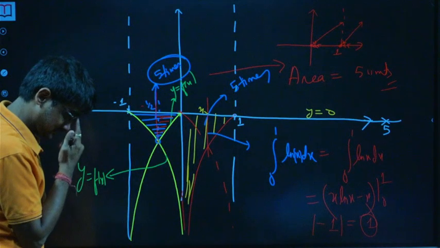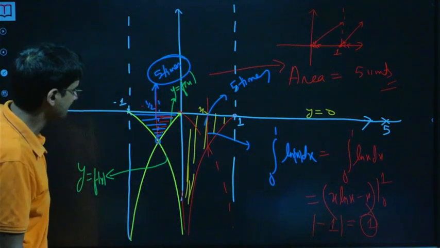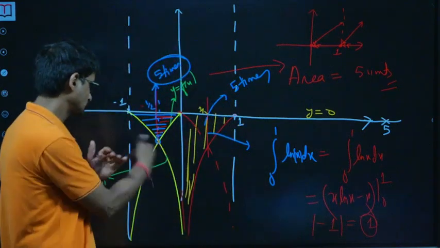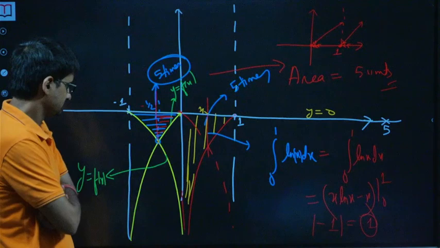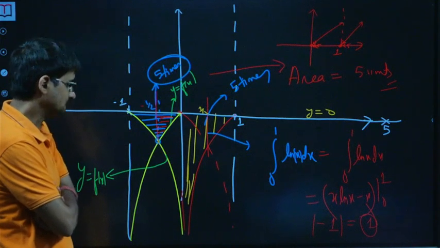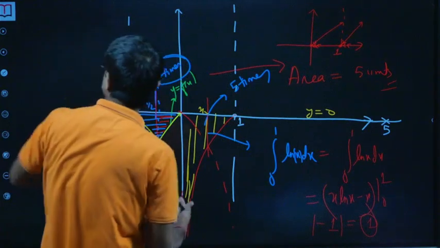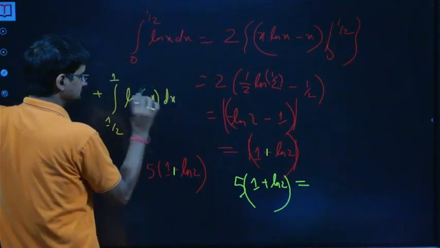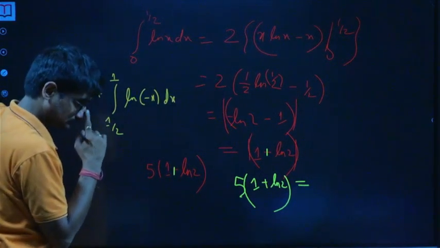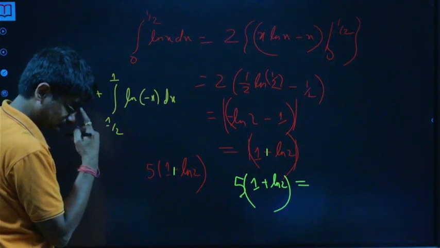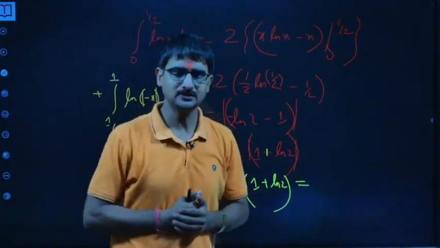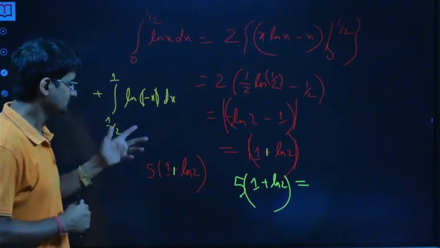In that case 0 to half will be what? ln of minus x. That's not possible, so we have to put mod, and when x is positive, mod has no meaning. Half to 1, we should get that thing.